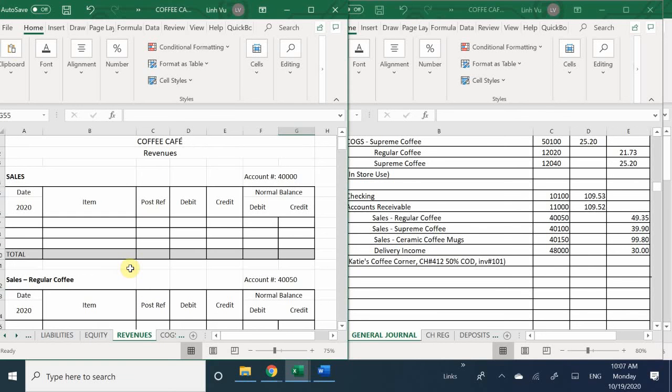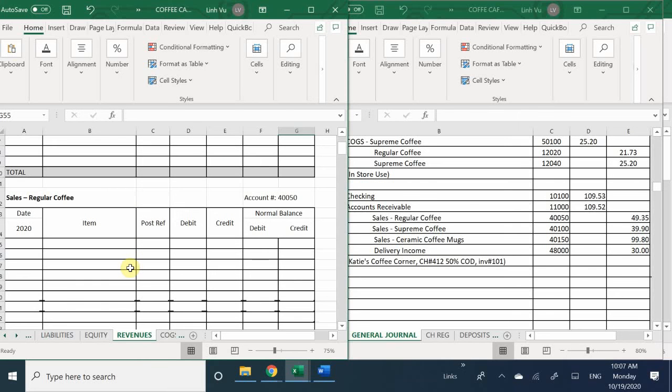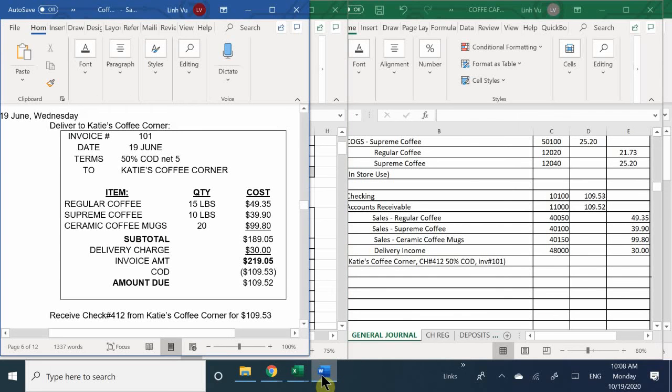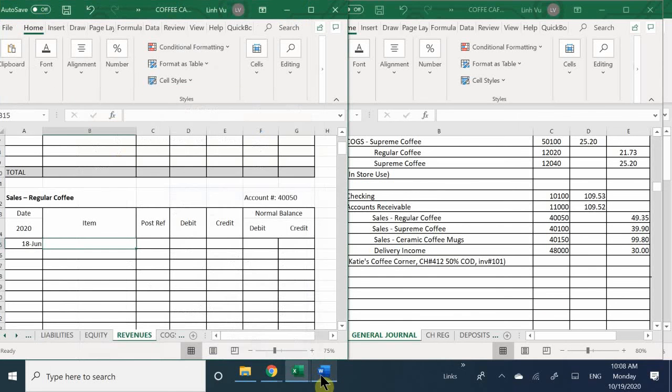Scrolling all the way to the top. My second account is going to be my sales for regular coffee. I'm going to write the date. How many pounds did I sell? 15. We sold a total of 15 pounds, correct.